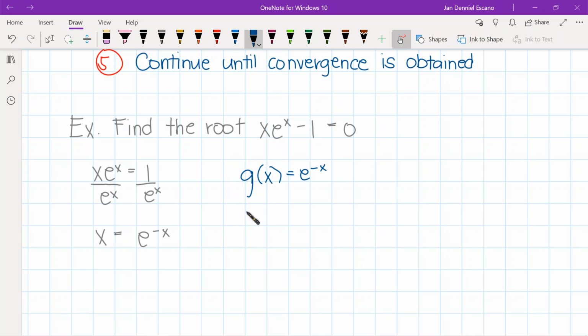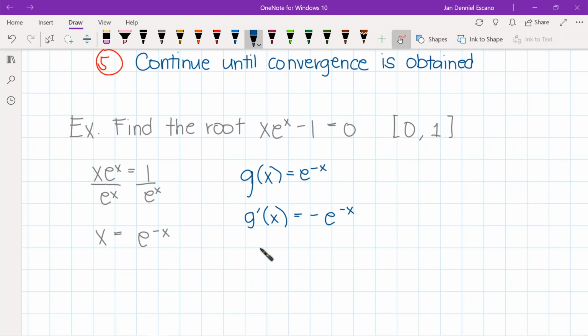And the interval is given also for this example, that the interval is between 0 and 1. So if we will check if this equation is converging or not, we just get its derivative. So its derivative is negative e raised to negative x.